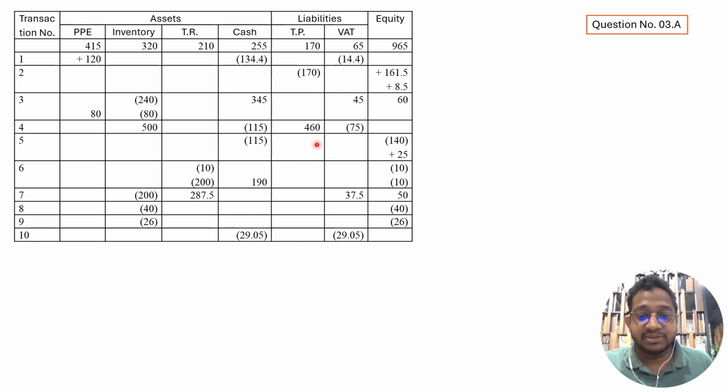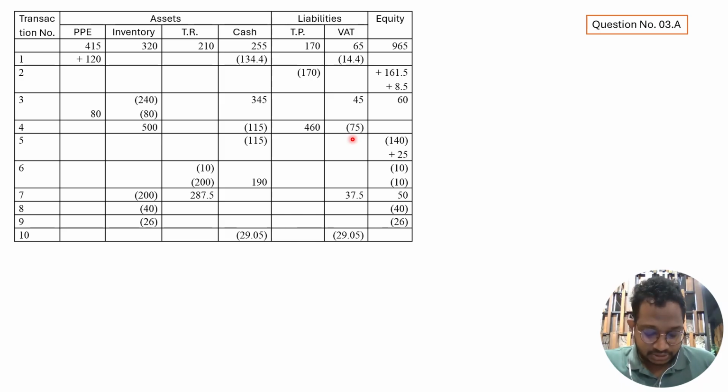So your trade payable should increase by 460. And the VAT included in the cash purchases is 15, and the VAT included in the credit purchases is 60. So altogether, the VAT that you paid, which goes out from the business, is 75 on the purchases, and that should be deducted from the VAT payables, right?